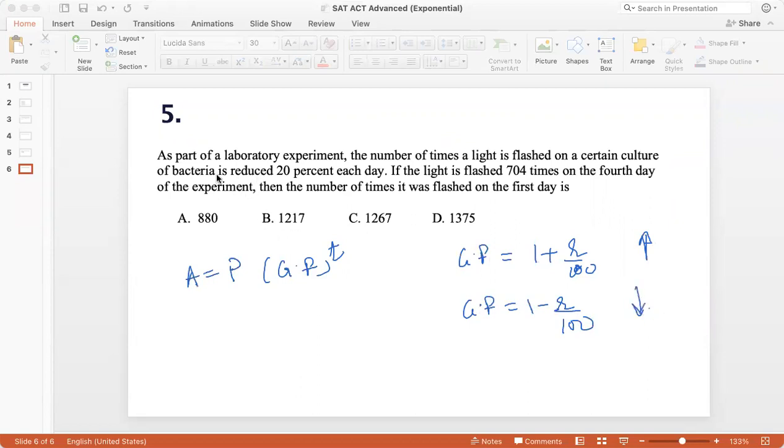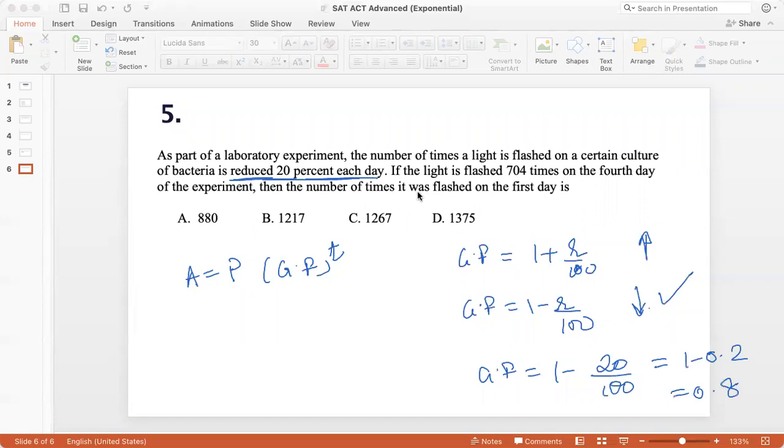Here, the number of times the light is flashed is reduced 20% each day, so we are looking at exponential decay. So my growth factor would be 1 − 20/100, which is 1 − 0.2, which is 0.8. So my growth factor is 0.8.